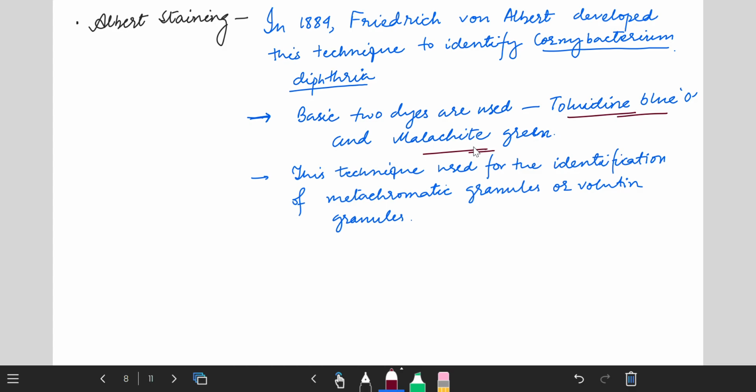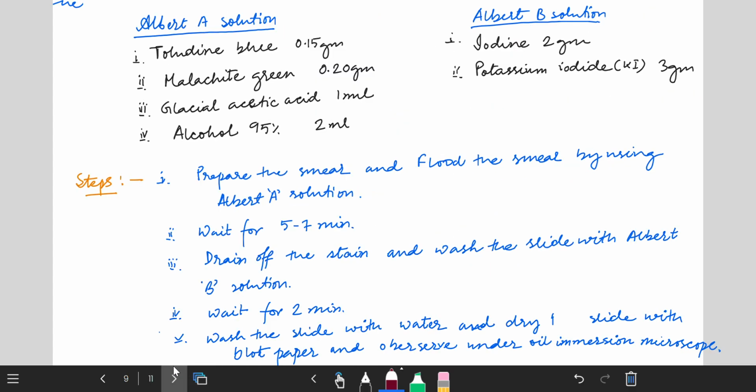This technique is used for the identification of metachromatic granules or volutin granules, which are bacterial storage granules.